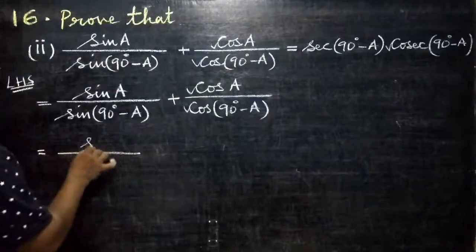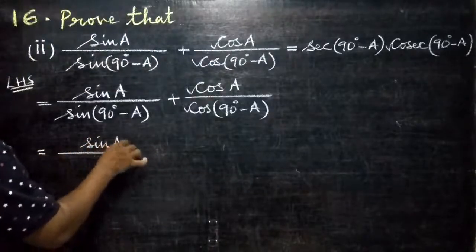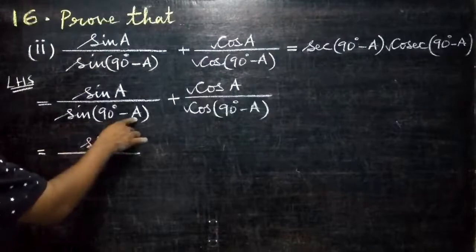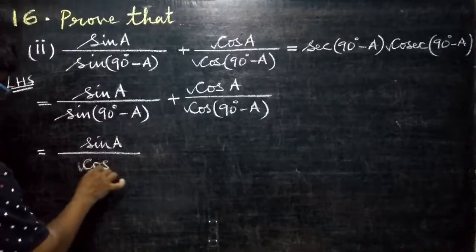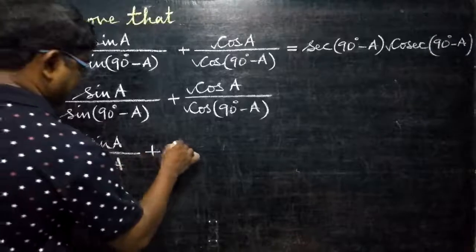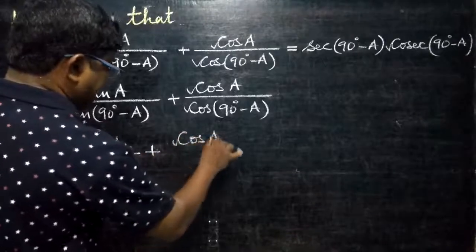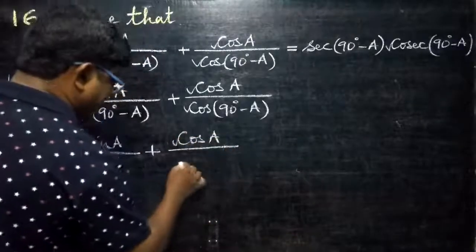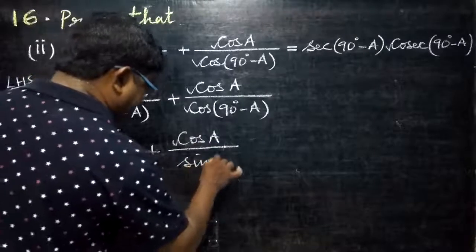Sin A in the numerator as it is; in the denominator, sin(90 degrees minus A) becomes cos A. So cos A plus, and here cos A divided by sin A. These formulas you have to learn by heart.